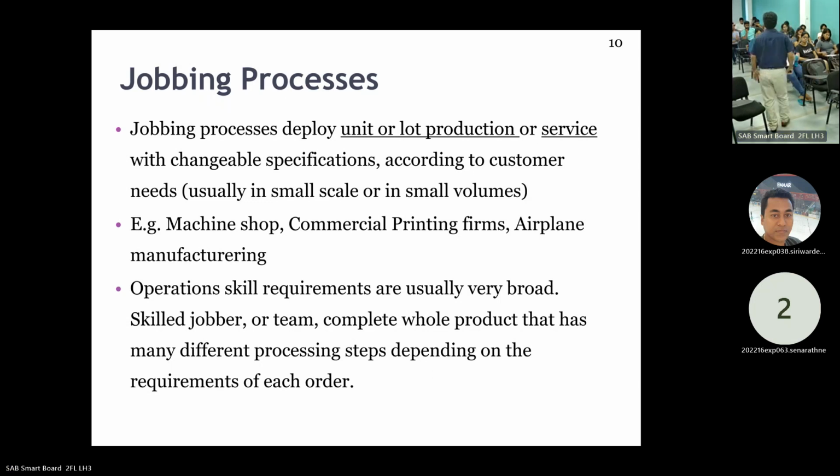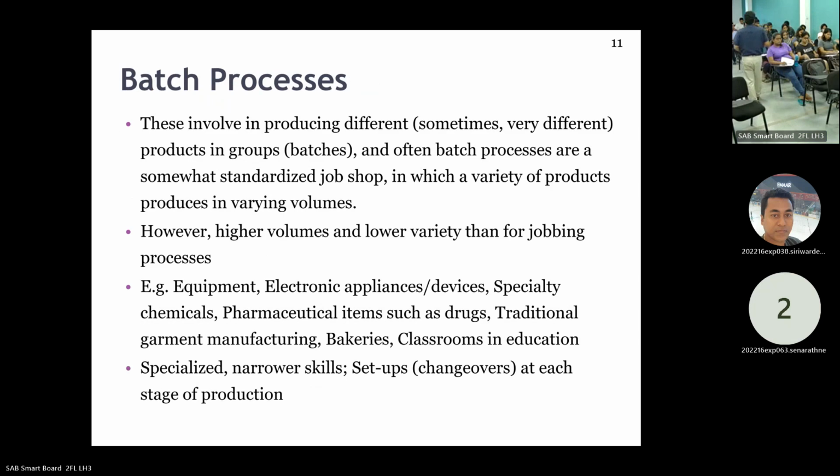Batch processing. Can you tell me the difference between jobbing and batch? Could you identify it? Is there a difference? Number of products and the quantity, that is the main difference. Variety is lower.